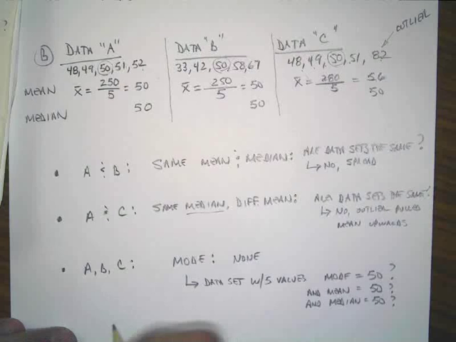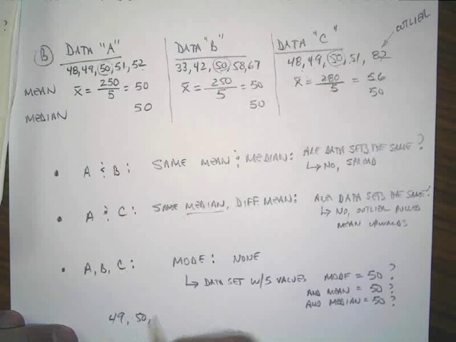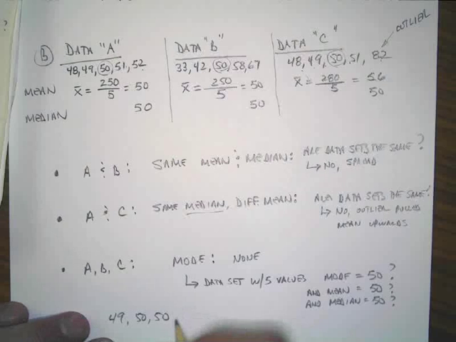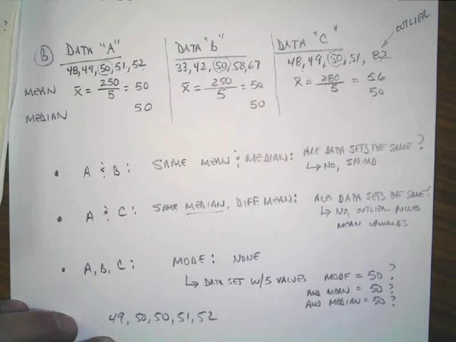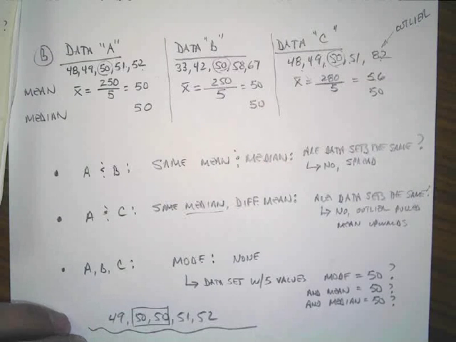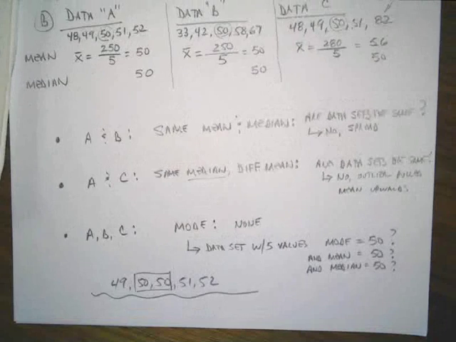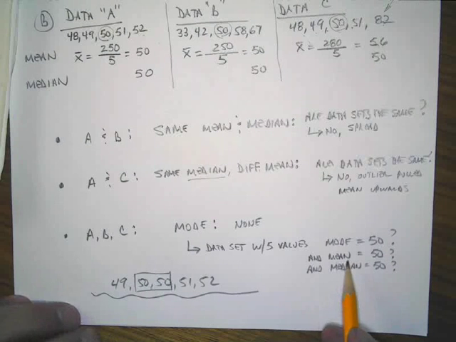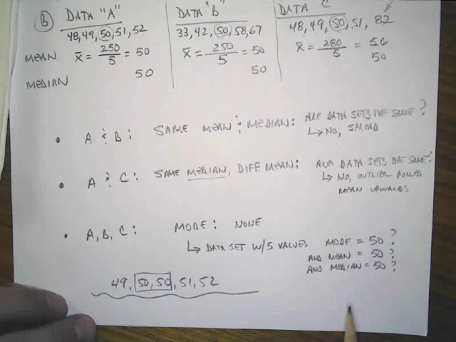Mode 50. You could do 49, 50, 50, 51, 52. 50 occurs most often. The mode is 50. Next data. Can we do with the mode and the mean equal to 50?